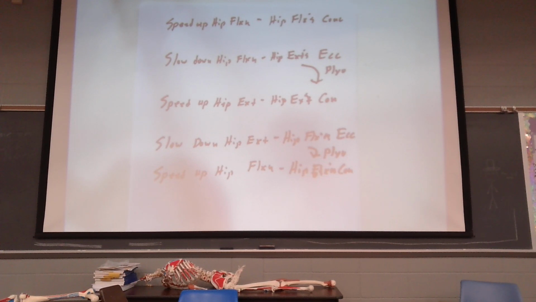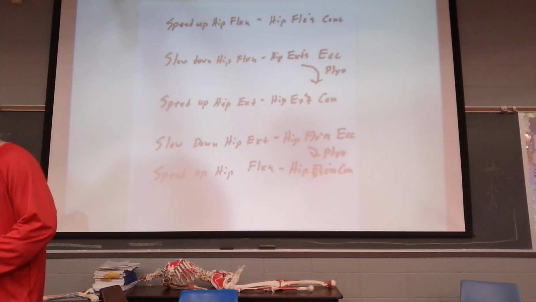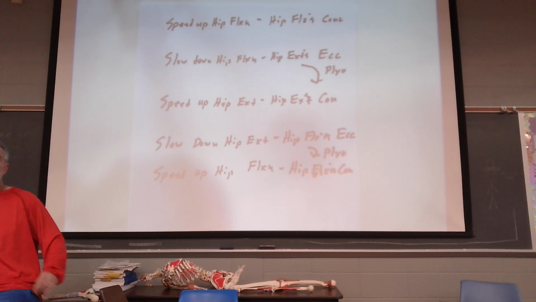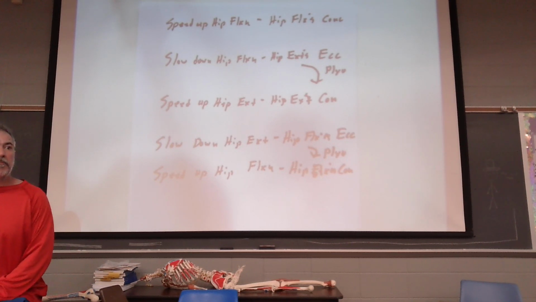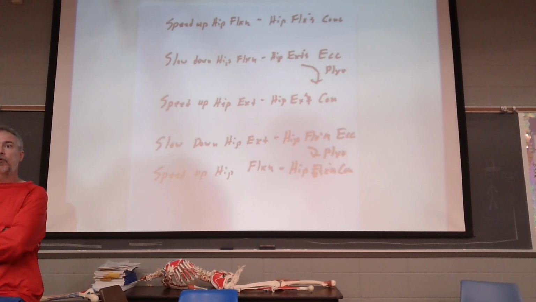The reason I introduced you to levers and that kind of stuff is because you have specialty muscles in that group that are very good. They are specialists when it comes to slowing down or speeding up.